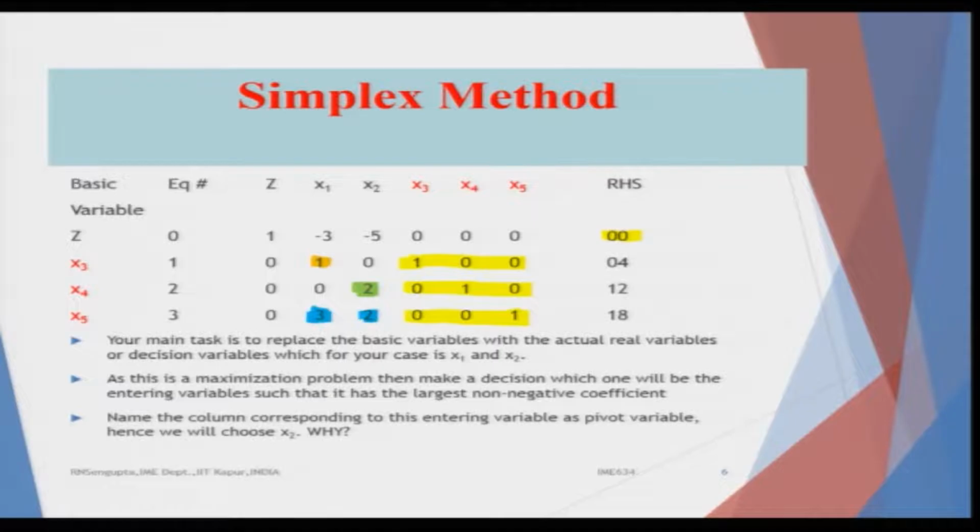So, technically when we stop the iteration, the values pertaining to slacks x3, x4, x5 should be 0, because it would mean that we have been able to utilize the machines of plant 1, plant 2, plant 3 to the maximum possible extent, such that we are able to produce product 1 and product 2 to the maximum possible extent and gain the maximum profit.